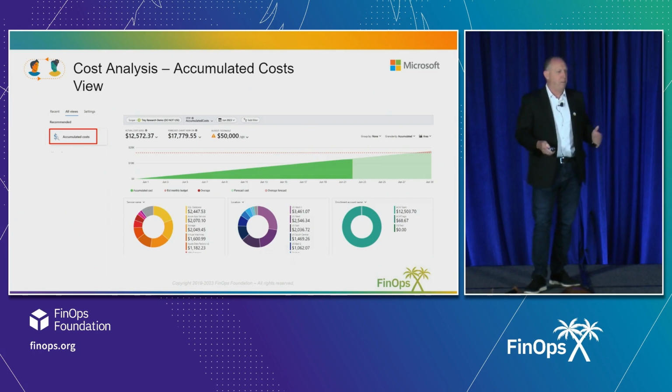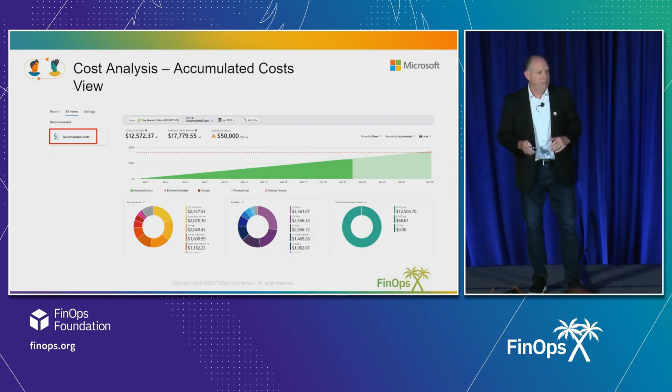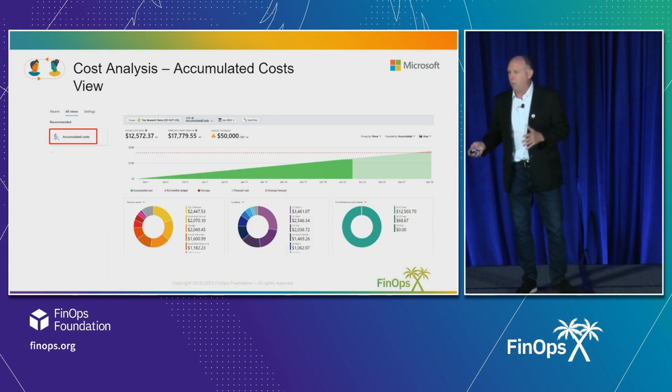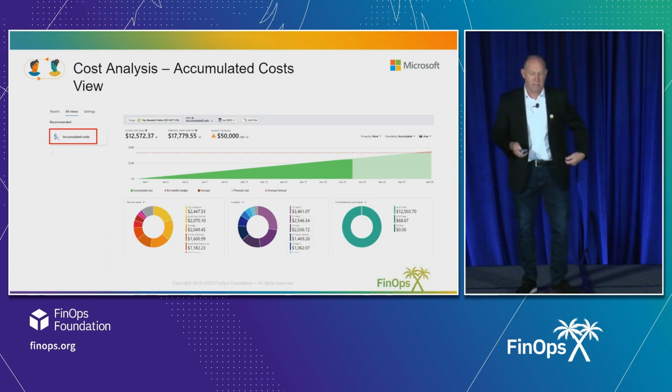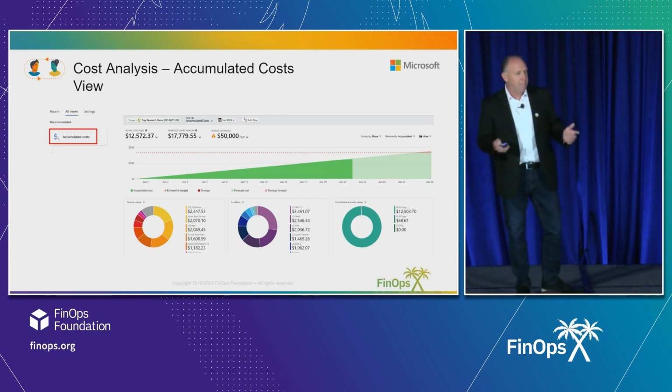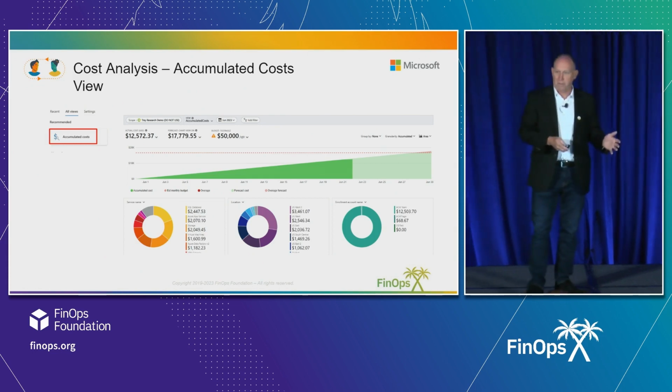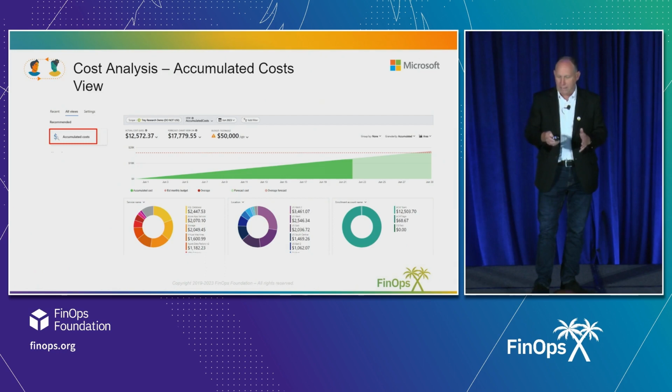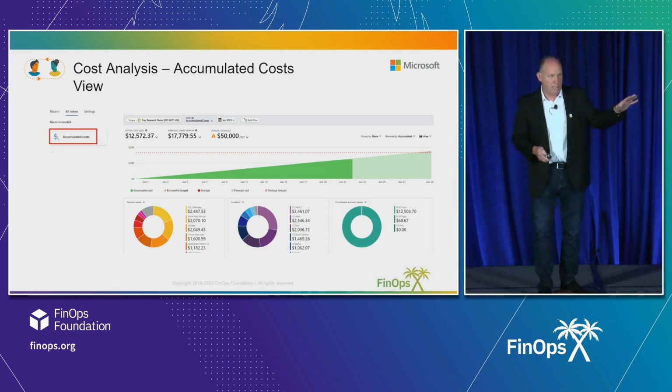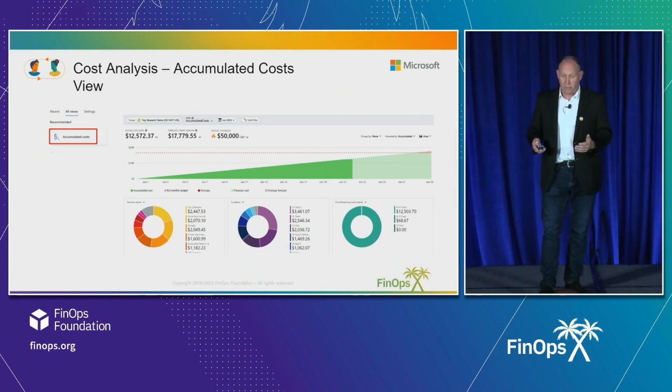What you see when you jump into the accumulated cost view is the high-level, big bang view of what you're spending, what you're forecasting, and what your budgeting looks like. You'll see in the dark green my actual cost for this particular scope, and we'll talk a little bit about that. I can define scopes, a little like what Vikram was saying, at the billing account level. It can be at a subscription level.